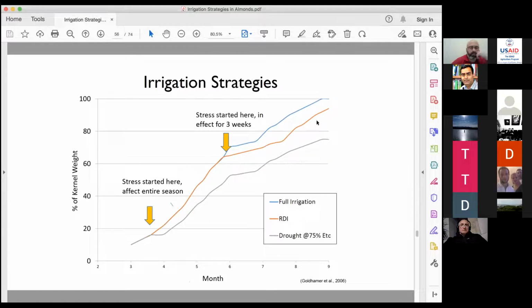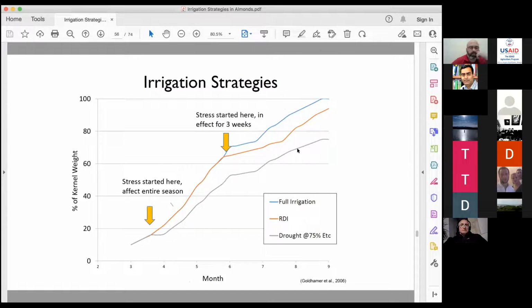Okay, so this gap is really small as compared to this gap with the full irrigation versus the application at only 75% of evapotranspiration. So the take-home message from this chart is that if you have less amount of water and then you apply reduced water starting around the stage of hull split throughout the rest of the season, you're not losing much on yield.